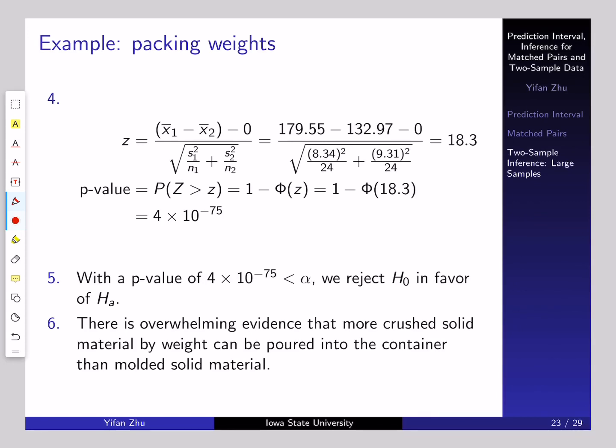And we calculated the observed test statistic, and we calculate the p-value. The p-value is the probability of Z, the standard normal random variable, greater than the observed Z. Why?